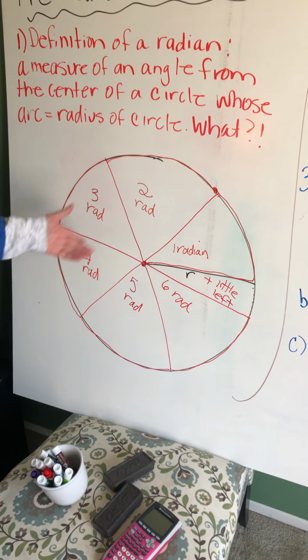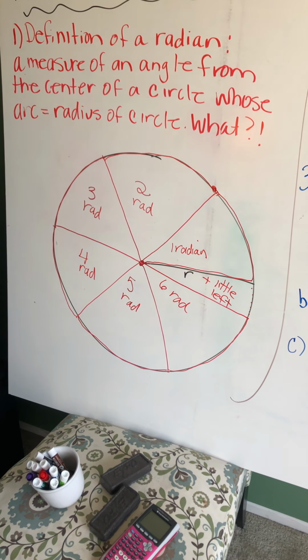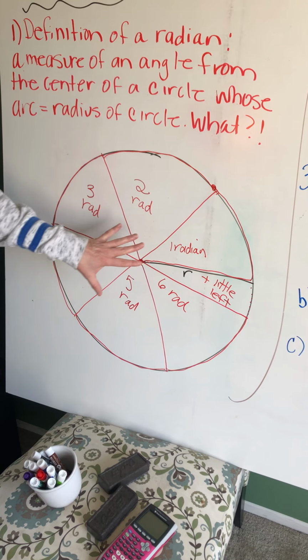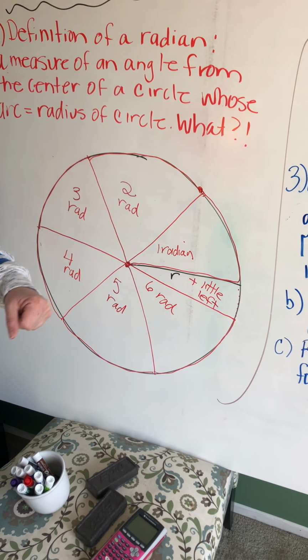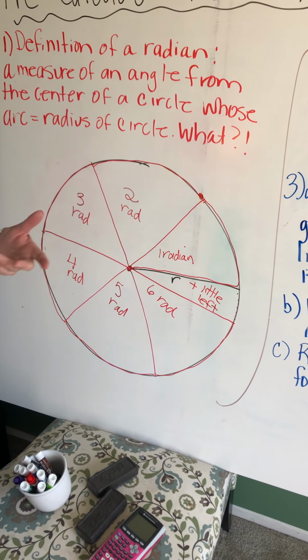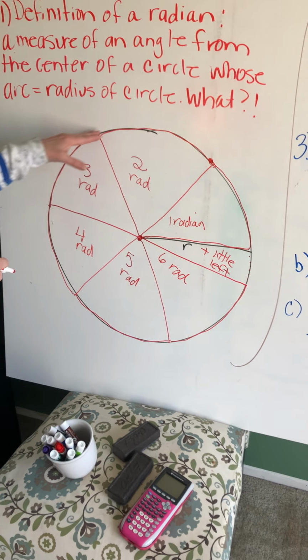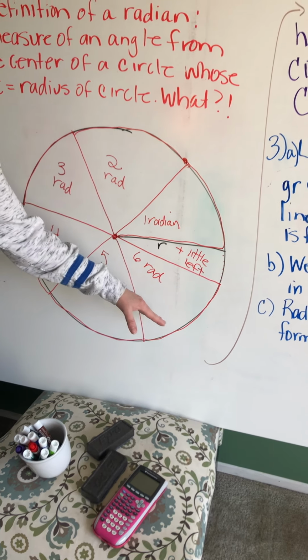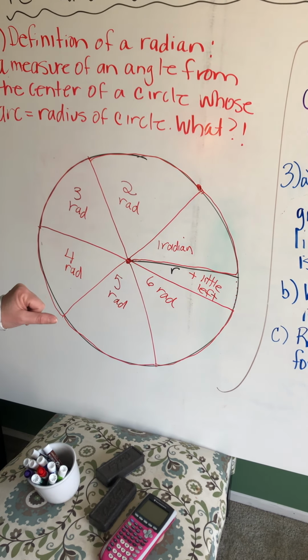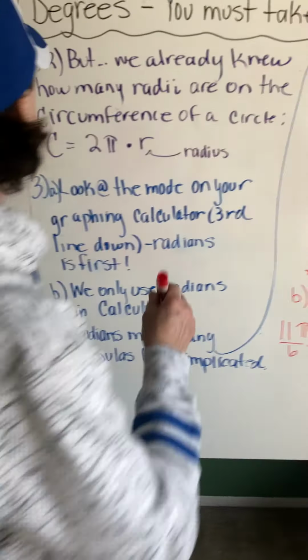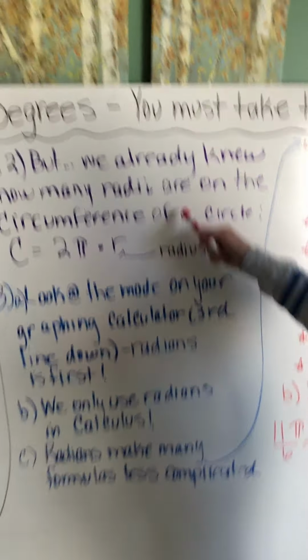All right, so radians are very big. But I just want to point out that we already knew that. We already knew how many radii, which is plural for radius, were on the circumference of a circle. We drew it and we can see there's 6 plus a little bit more. How did we know that? Let's go over to number 2.